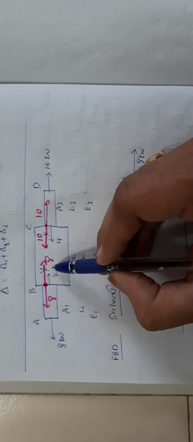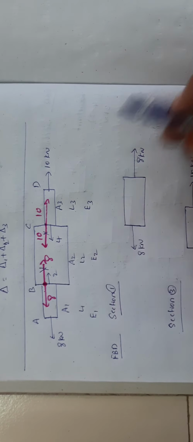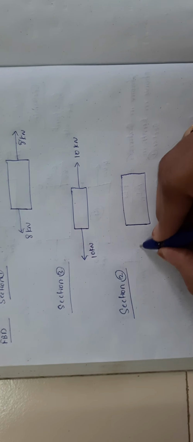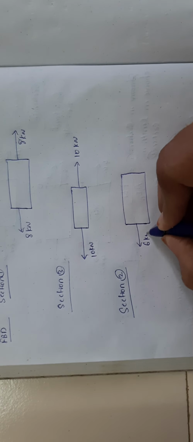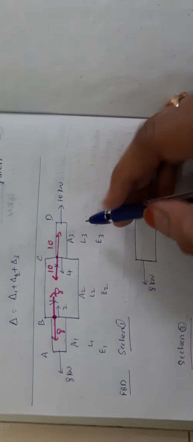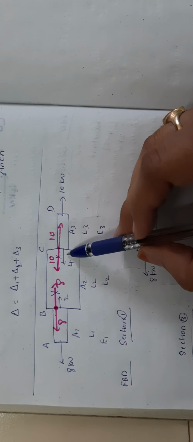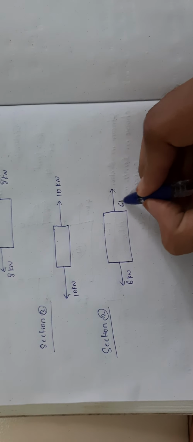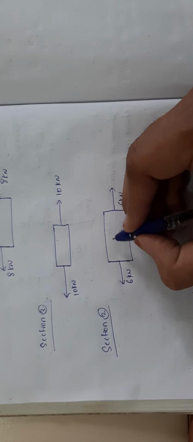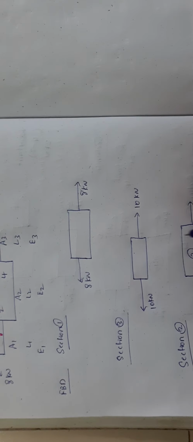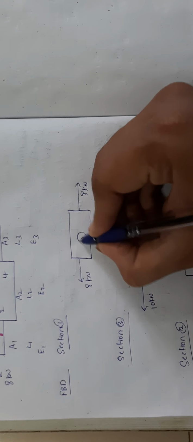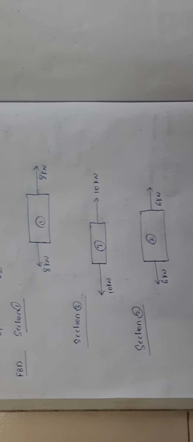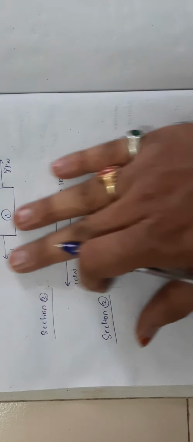This is 8 and this is 2, so 8 minus 2 is 6. So here it is 6 kilonewtons, and here also, this is 10 and this is 4, 10 minus 4, 6 kilonewtons. So this is for section 2, section 3 and section 1. This is how you can draw the free body diagram.